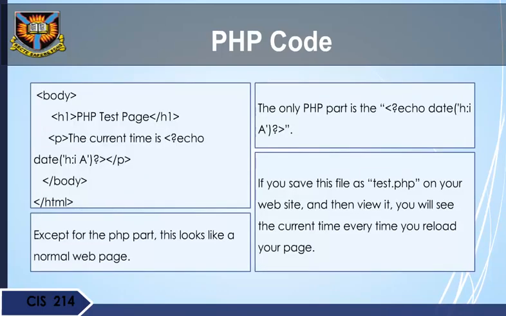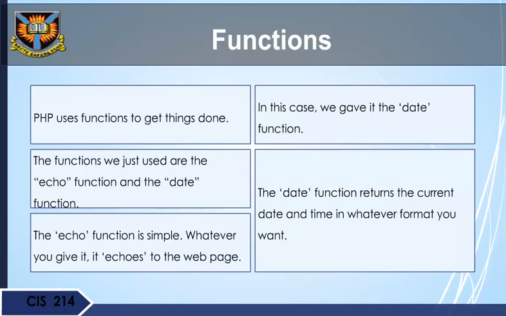Except for the PHP part, this looks like a normal web page. The only PHP part is the echo line. If you save this file as test.php on your website and then view it, you will see the current time every time you reload your page.